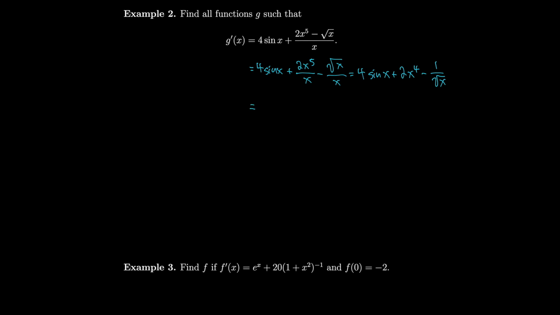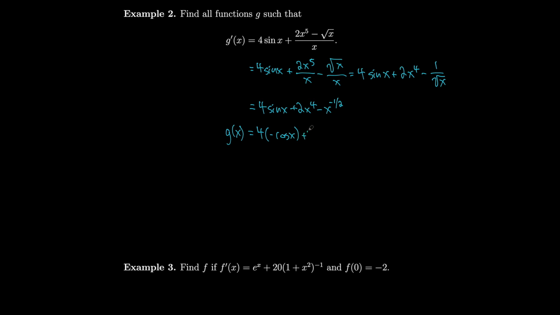Let's convert that all to powers so that we can use our reverse power rule. So 4 sine x plus 2x to the 4th minus x to the minus 1/2. Well, we already got the antiderivative of sine. We said that's minus cosine. So this is 4 times minus cosine. And then 2x to the 4th. Well, x to the 4th, we increase the exponent and then divide.